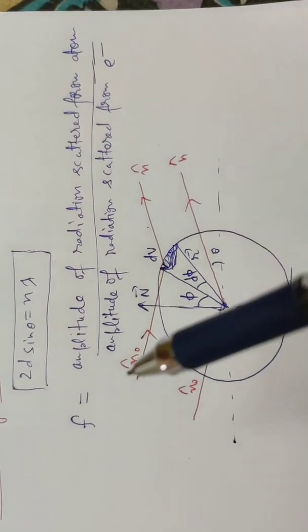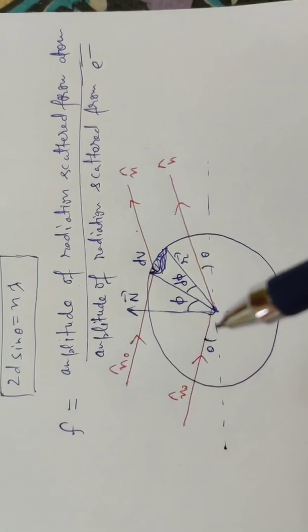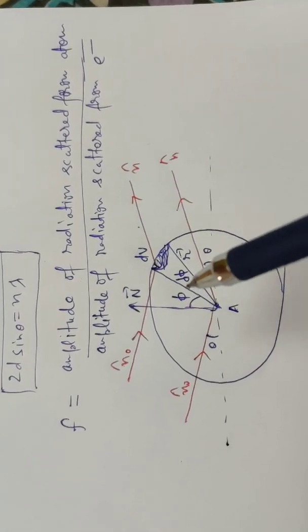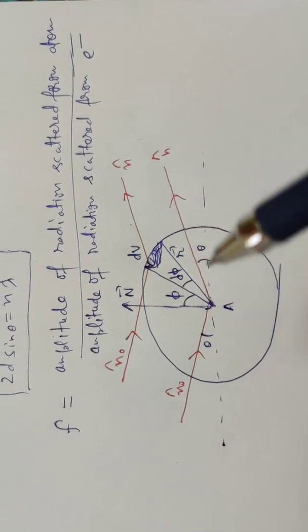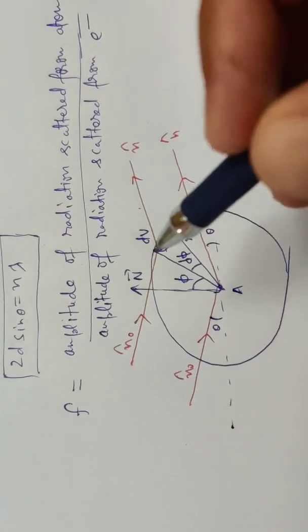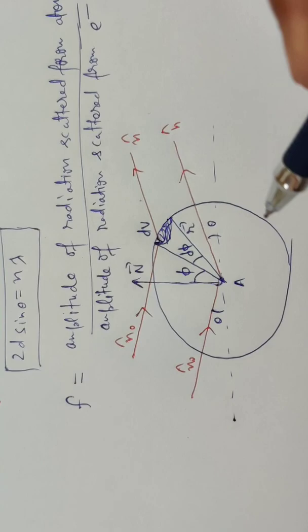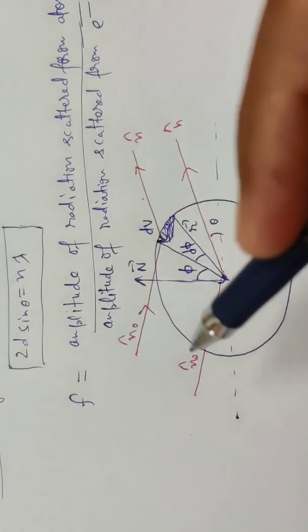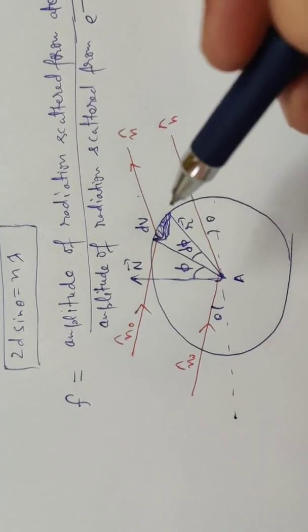Now to derive the scattering amplitude for X-ray wavelength lambda, we will consider an atom having center A, where the charge is spherically symmetrically distributed about the center of the atom.